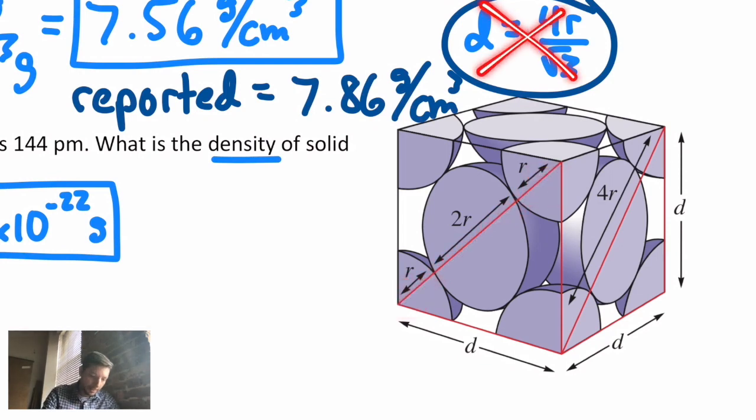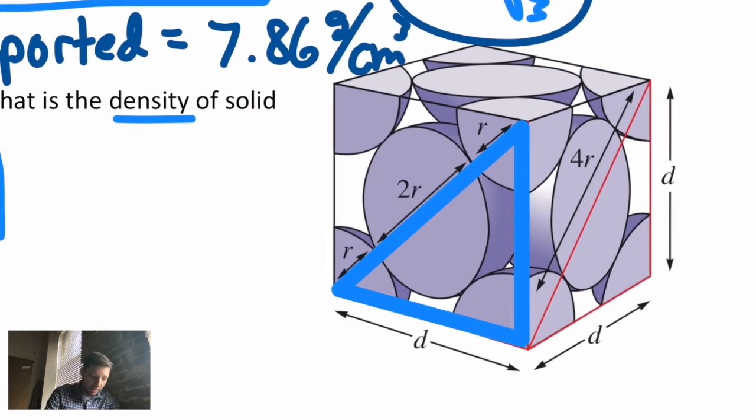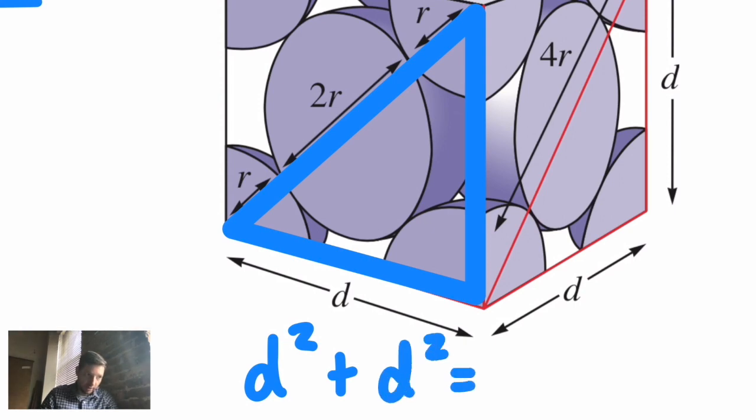It's different. I have a right triangle right on any of the faces of this cube. So I could look at one edge, another edge, and then the hypotenuse, the diagonal of one of the faces. And I can write an expression: d squared plus d squared is equal to the quantity 2r, squared.